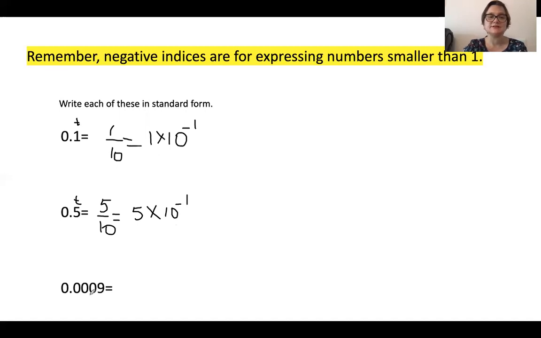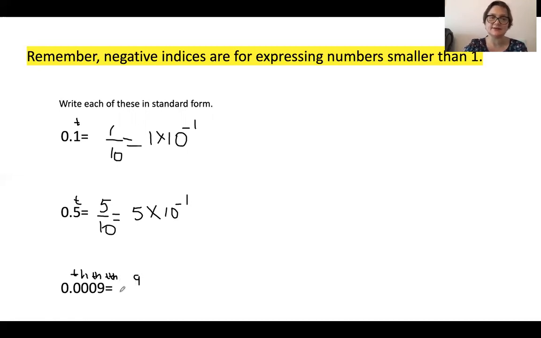The third number is 0.0009. The first digit is a tenth, the second is a hundredth, the third zero is a thousandth, and the fourth digit is a ten thousandth, and in this case it's 9 over 10 thousandths.